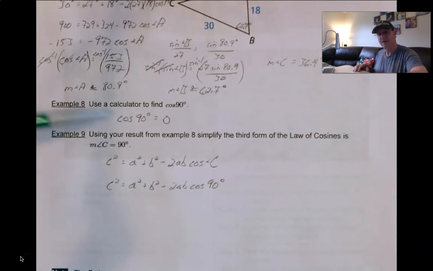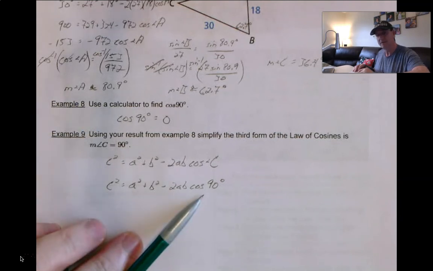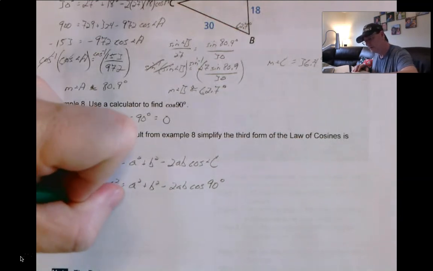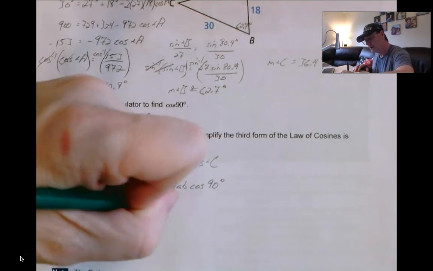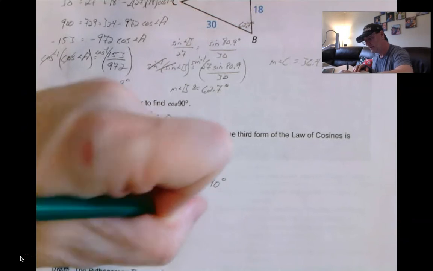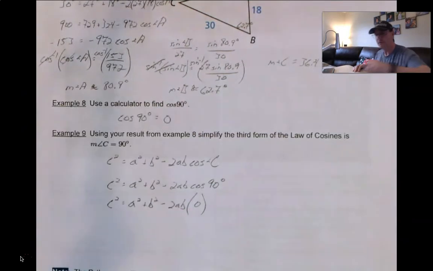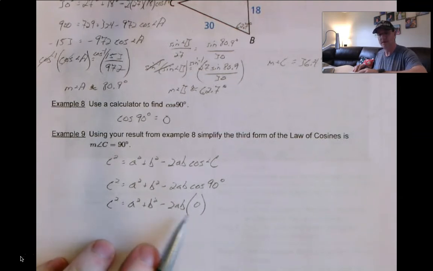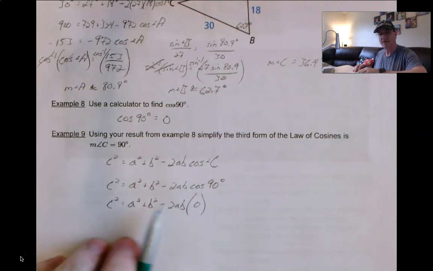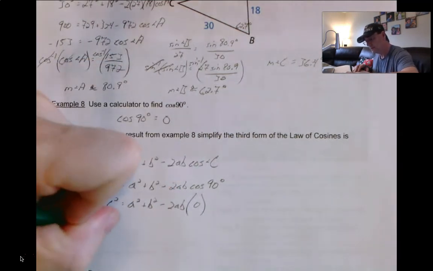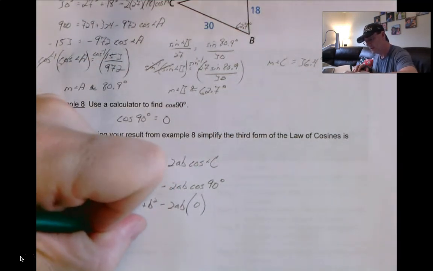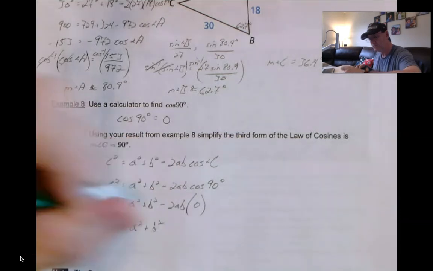Just found in example 8, cosine of 90 degrees is 0. So C squared equals a squared plus b squared minus 2ab times 0. What's anything times 0? 2ab times 0 is gone. What are we left with? C squared equals a squared plus b squared.